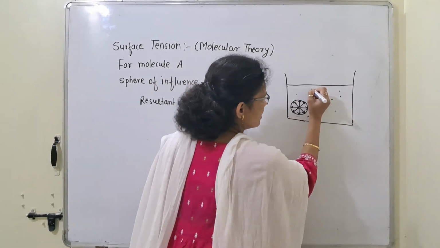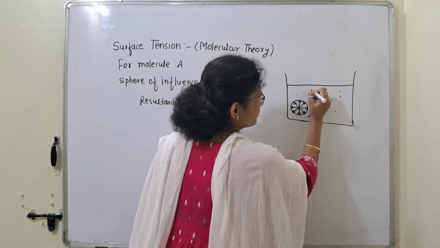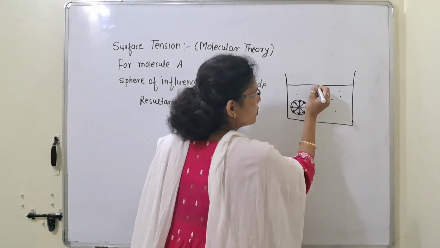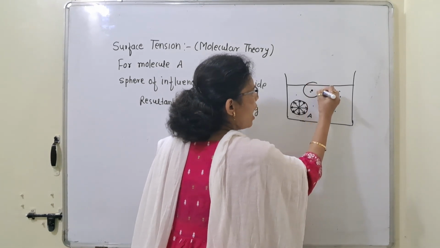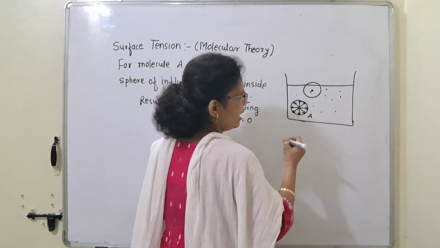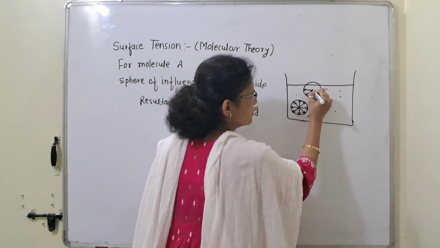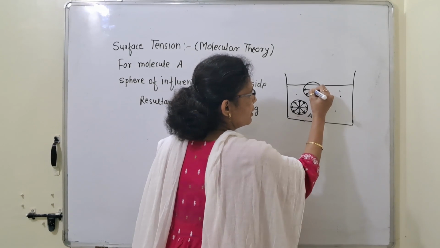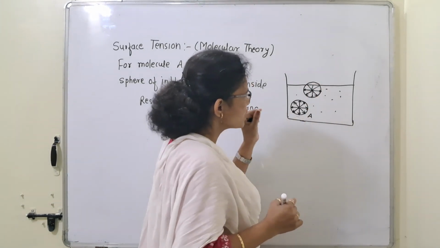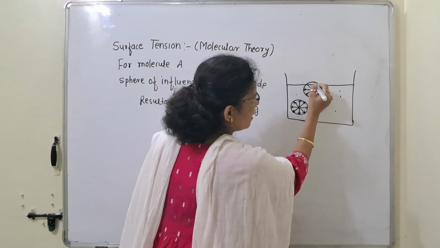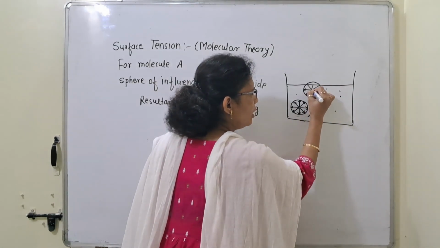Means if I consider molecule B at this point, then its small part of sphere of influence will be outside the liquid and the bigger part will be inside the liquid, like this. Let us consider this as molecule B.